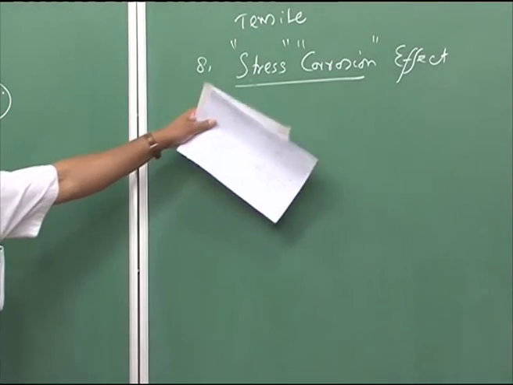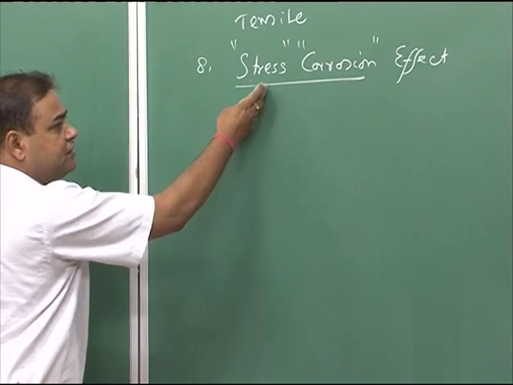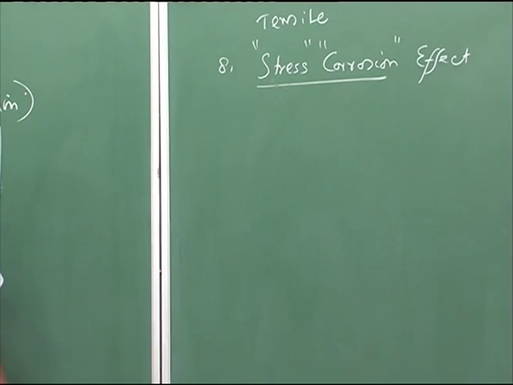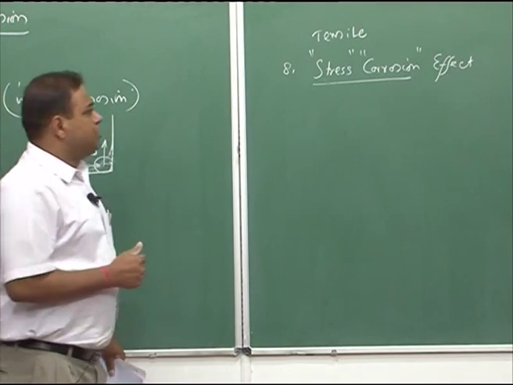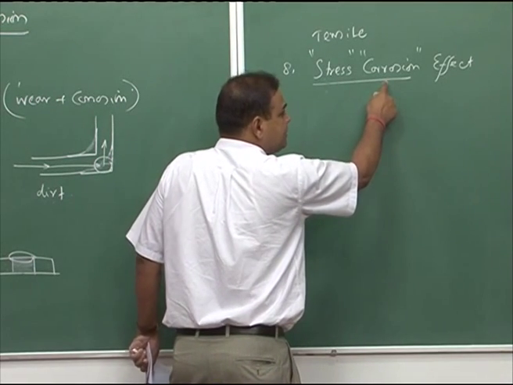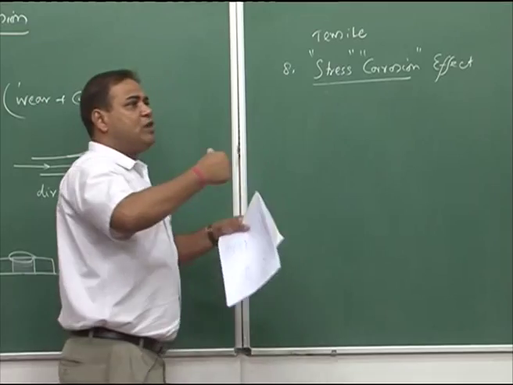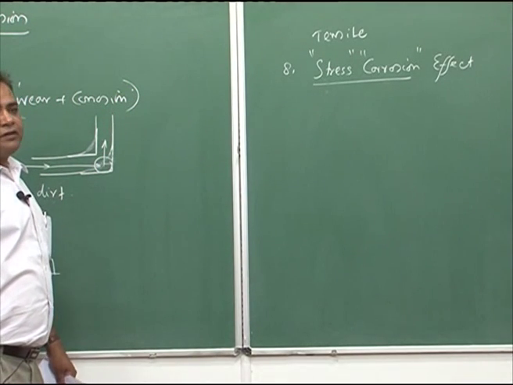and in stress corrosion we always see that because of stress the corrosion accelerates, or it could be the other way around. There is a stress and corrosion is happening, and that stress will lead to premature failure of the component.